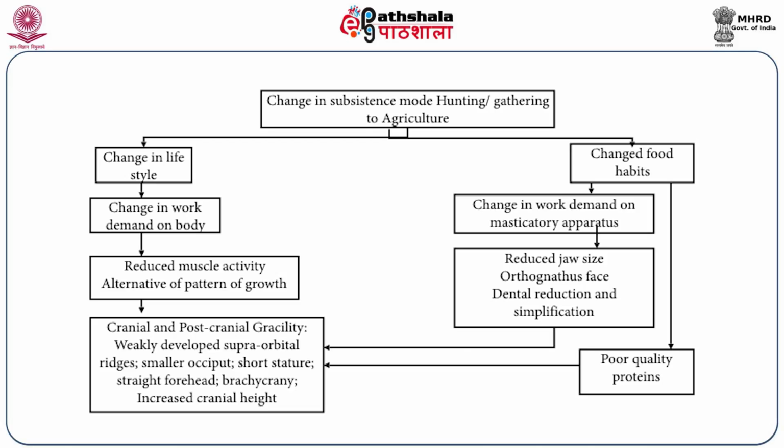This also results in cranial and postcranial gracility, weakly developed supraorbital ridges, smaller occiput, short stature, straight forehead, brachycrany, and increased cranial height. These are some of the changes reflected on the body.